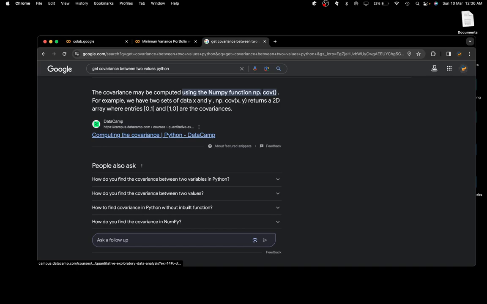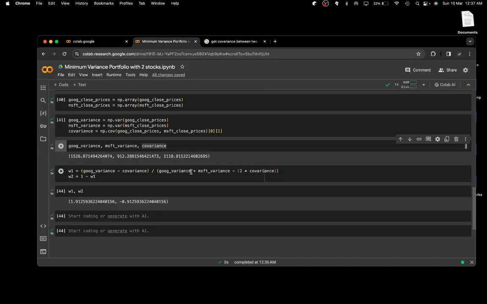Effectively, I think the only place that I'm screwing up right now is the variance and the covariance part of this entire thing. And while I don't think I've messed up anything, Google and Microsoft. Oh, so this is where I screwed up. It's supposed to be MSFT variance. I was just reviewing my calculation and I saw the mistake.